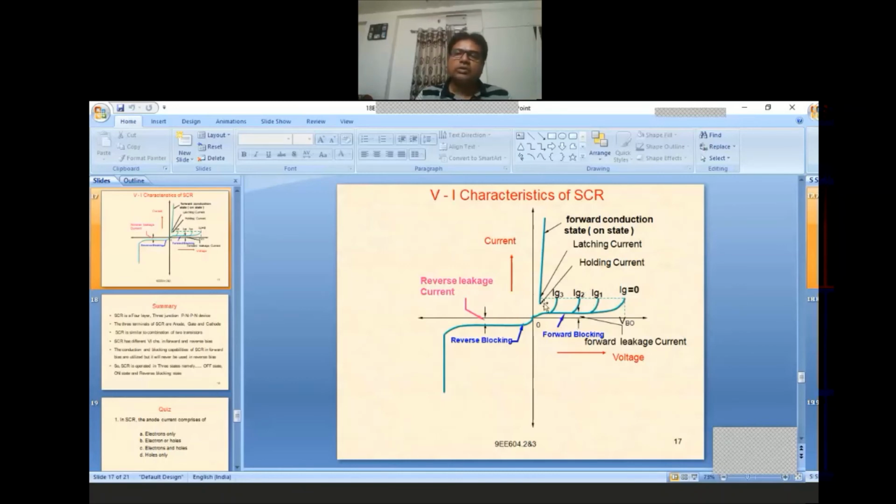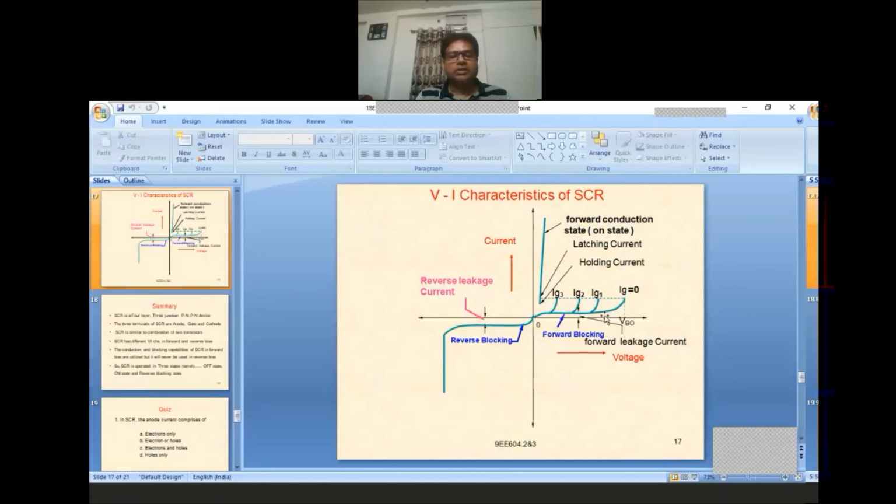And the other feature which we have discussed is the voltage drop when the SCR is conducting in the on state. In the conduction mode, the voltage drop across the SCR is very, very less when compared to a diode.